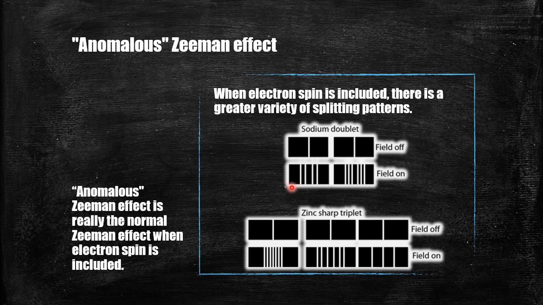Sodium doublet, field off and field on. There are more than 4 spectral lines in one grating and more than 4 spectral lines in the other grating. So totally 10 spectral lines are presented.